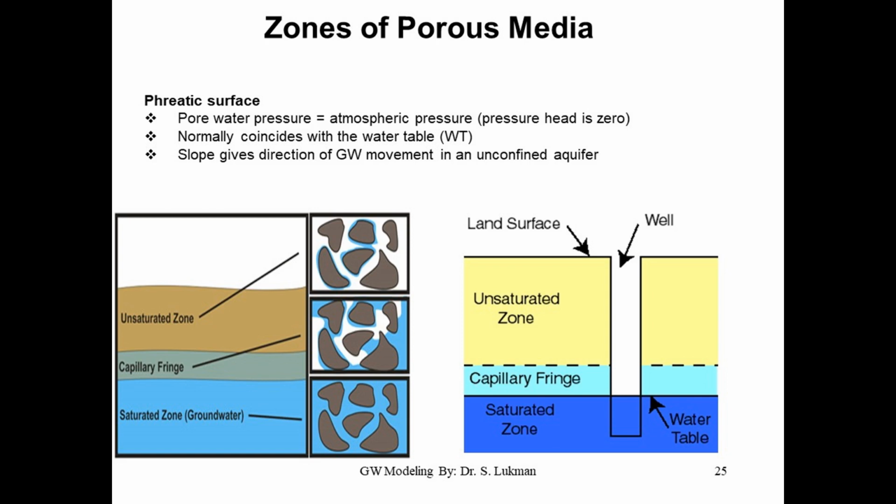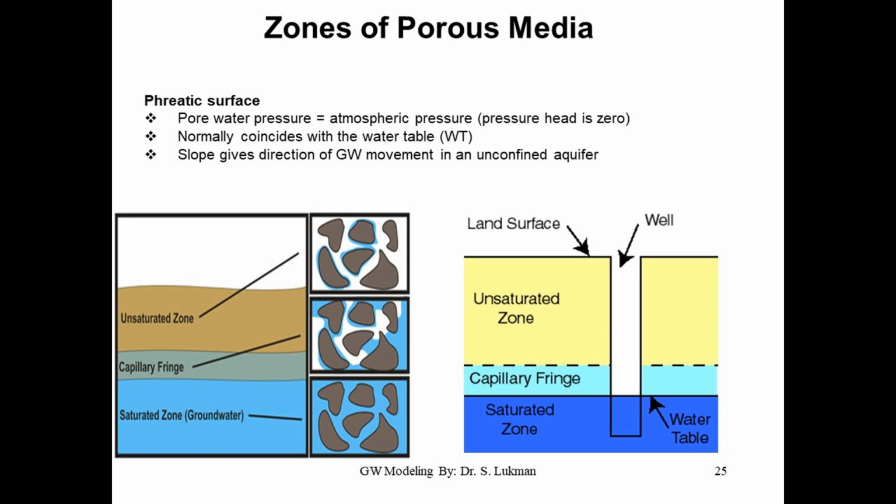But I told you that the pressure in the capillary fringe is not atmospheric. It's under suction. It is negative. So it may appear that this is the water table, while really that is the surface of the capillary fringe, not the water table. Is that clear? Yes. So that's why it normally coincides with the water table. It is not like that at all times. Okay?